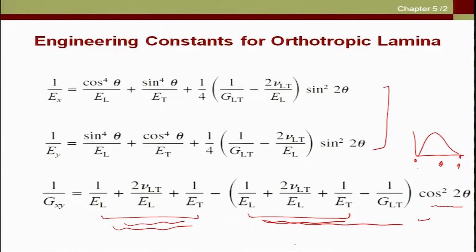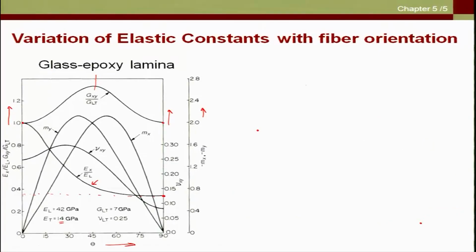Because this curve is like this, the plot for 1 over Gxy, or for that matter even the plot for Gxy, is symmetric around this vertical line which is theta equals 45 degrees.